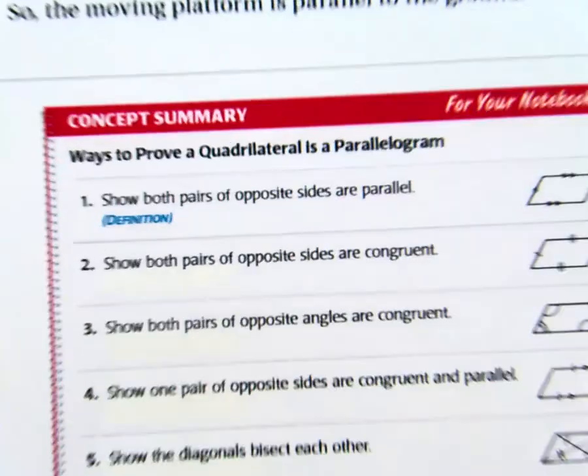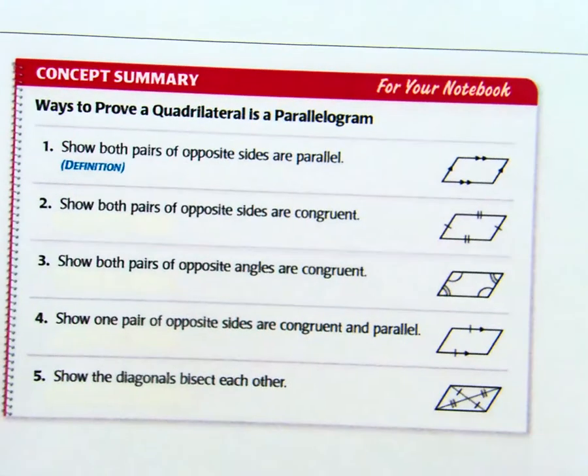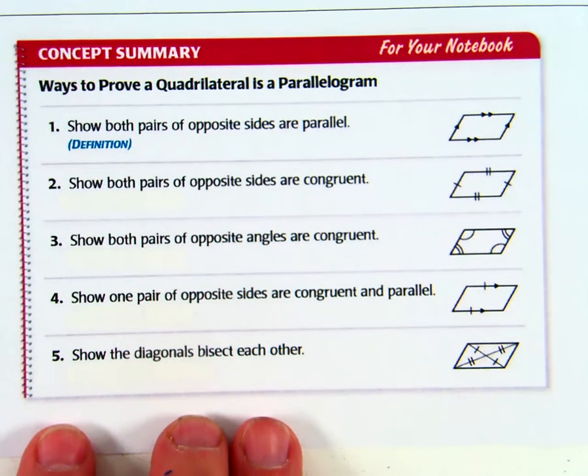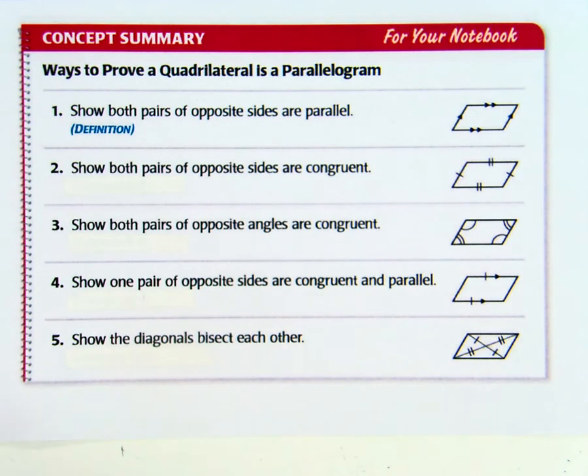Here's a summary of the ones that we've just done to make sure that you've gotten them. Ways to show that a quadrilateral is a parallelogram. You can know it's a parallelogram if the opposite sides are parallel. That's the definition.